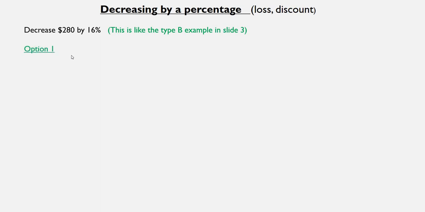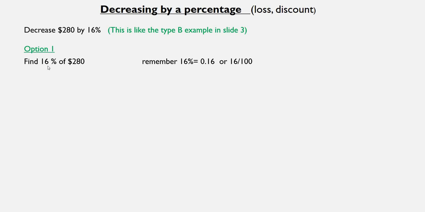Now, decreasing by a percentage is very similar, except we're subtracting instead of adding. So it's still like a type B example where I'm given a percentage and my final answer is going to be a value, an amount, not a percentage, which is a proportion. So option 1. I want to decrease 280 by 16%, so I'm going to find how much the decrease is.